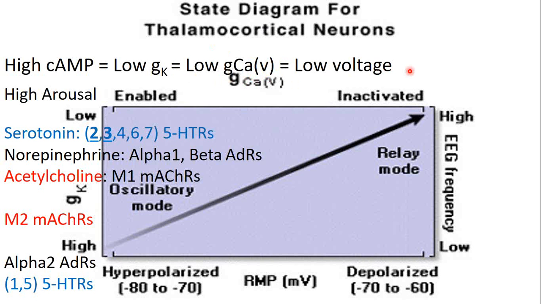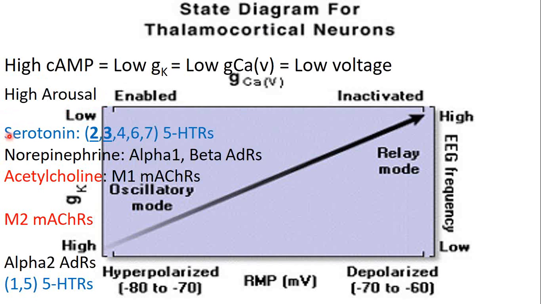And that led to what? Low voltage and high frequency, right? Low voltage, high frequency is what we talk about as the faster waves, subserving in the awake state high arousal. And again, we're only talking about the awake state here.